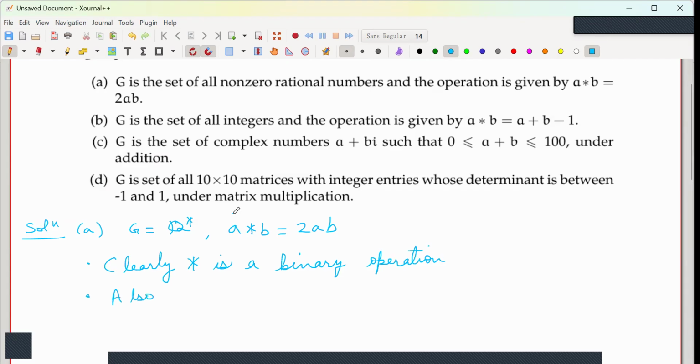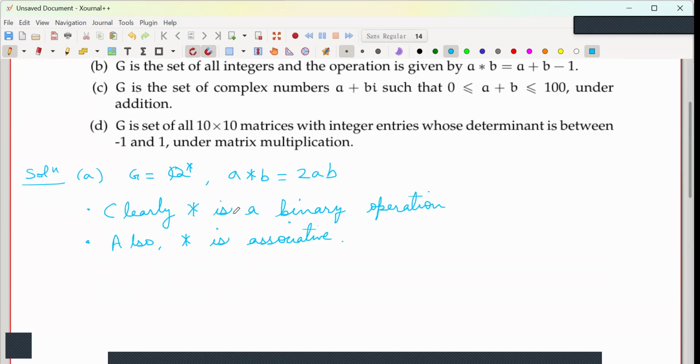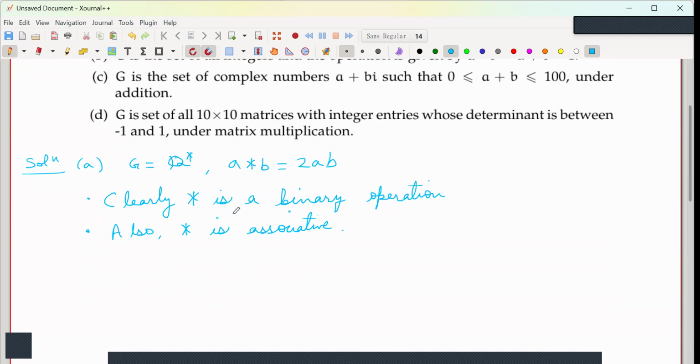Also star is associative, since the multiplication is associative. Now what is the identity?